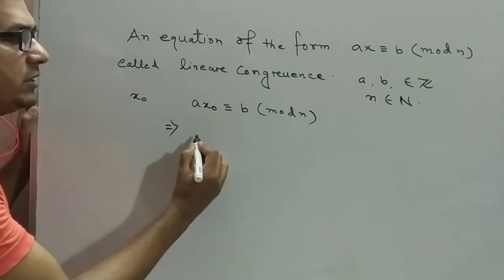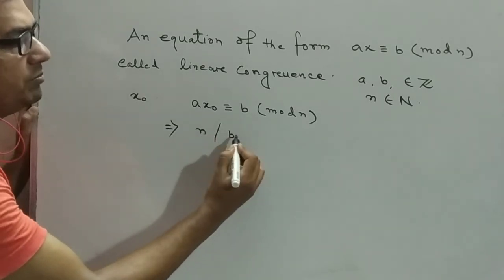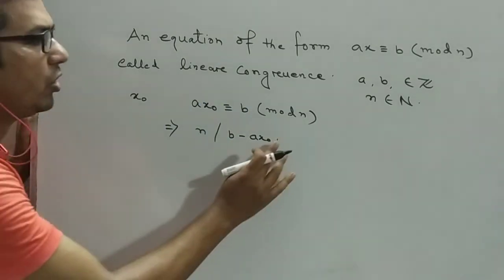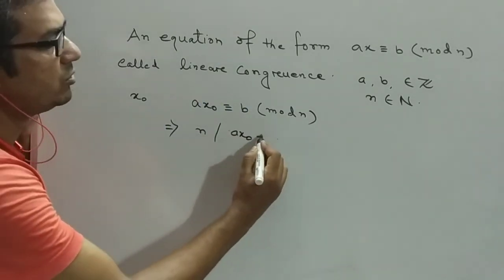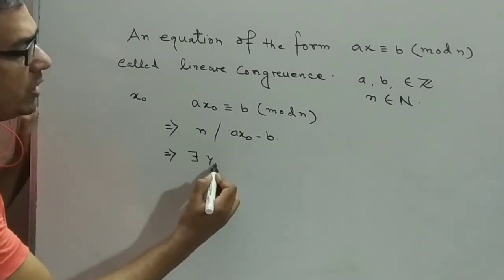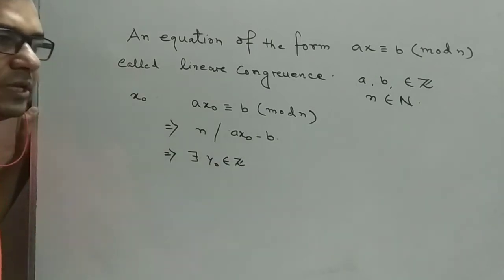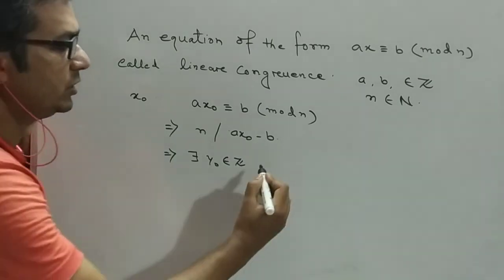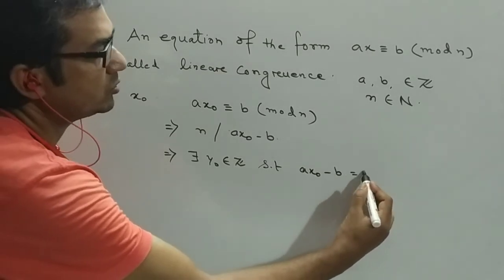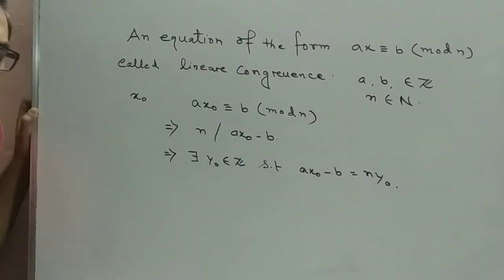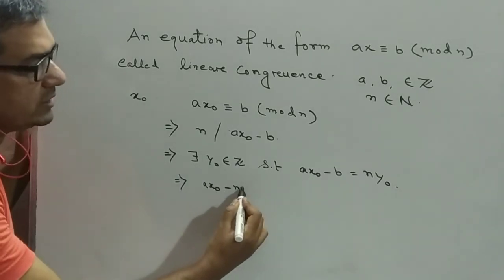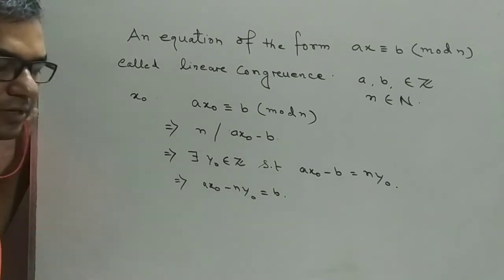That implies n divides B minus Ax0, or Ax0 minus B. This implies there exists y0 in Z, that is in the set of integers, such that Ax0 minus B equals ny0. That is, Ax0 minus ny0 equals B.